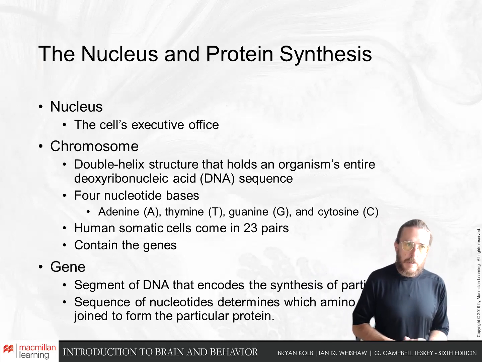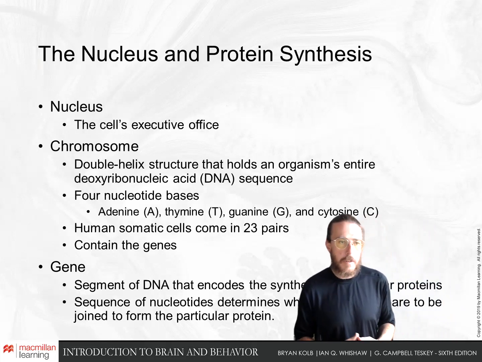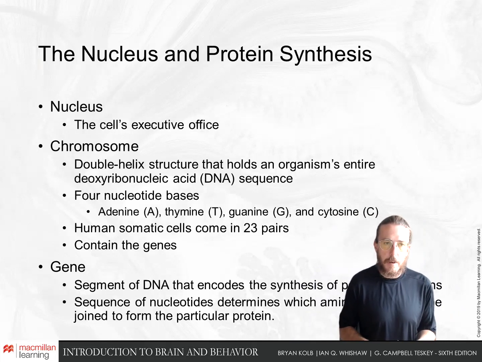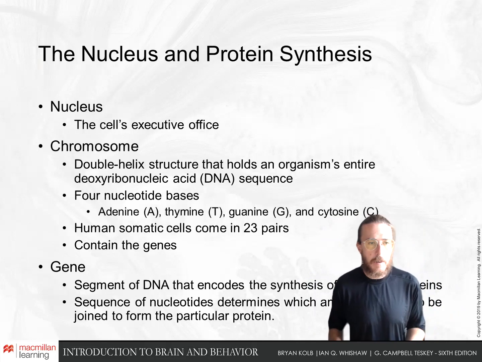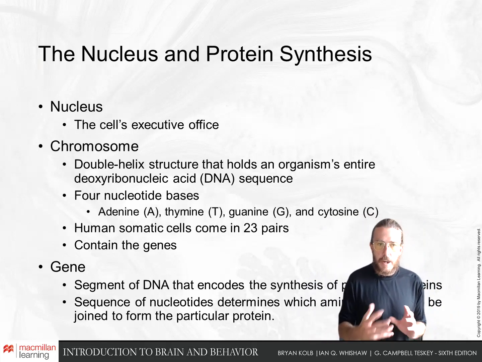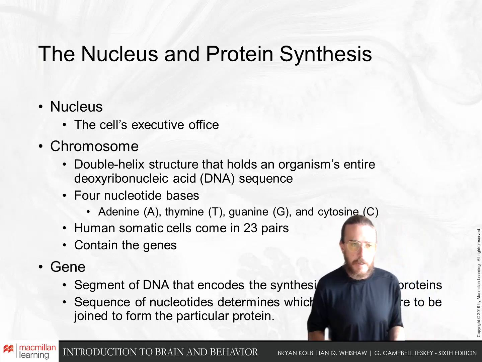So the nucleus of the cell is where the genetic code that creates our proteins is held. And this also holds all the information needed to make our brain and our body and our cells. Each cell has an identical set of genes in its nucleus that can be used by that cell in different ways.